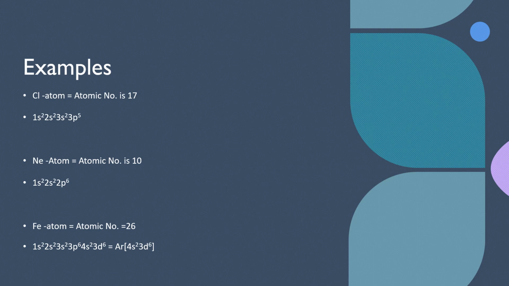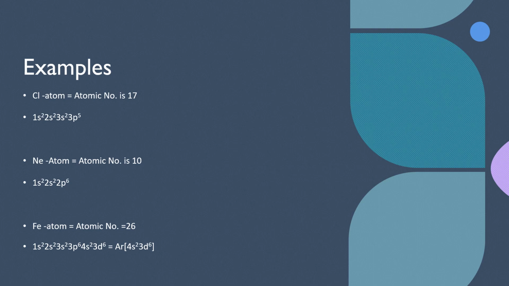Here I forgot to mention one subshell, that is 2p6. So it is 1s2, 2s2, 2p6, 3s2, 3p5. That's my mistake. This is the correct one for the chlorine electronic configuration.